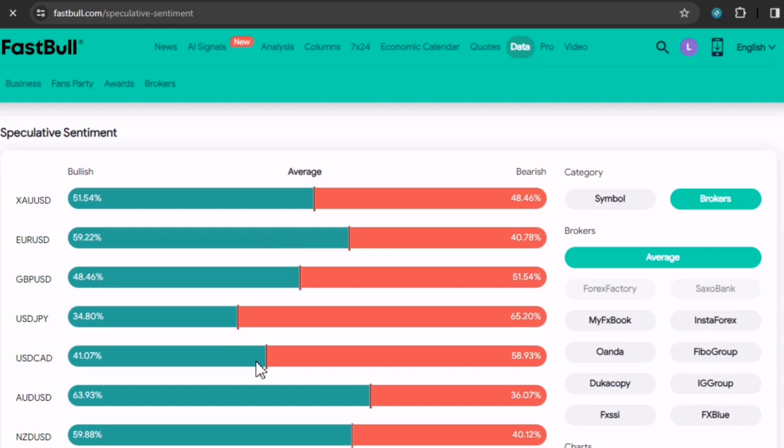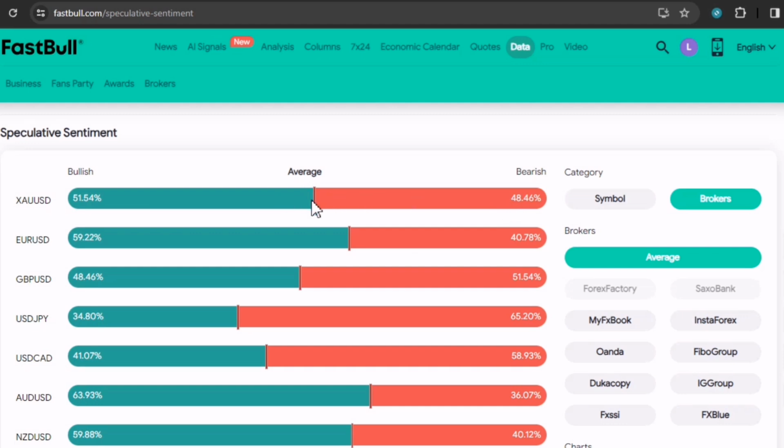To be able to see that, if a pair has a great difference between the green part and the red part, it means that pair is trending very well. So right here, see that gold is not trending at all, because you have 51% on one side and 48% on the other side.